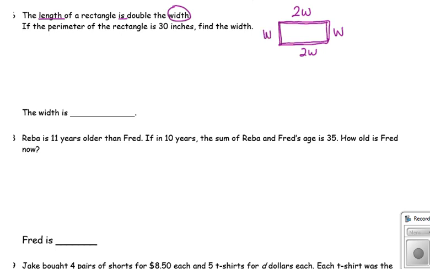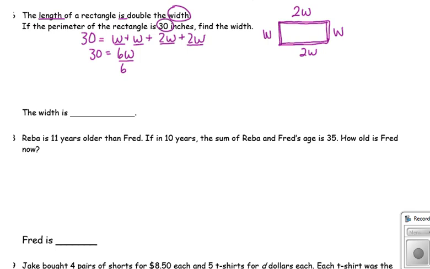We know that the perimeter is found one of the ways is to add all four sides together. So we have W plus 2W plus W plus 2W. And it says that the perimeter is 30, so I'm going to replace P with 30. I'm going to simplify. 2, 4, 5, 6. 6W equals 30.